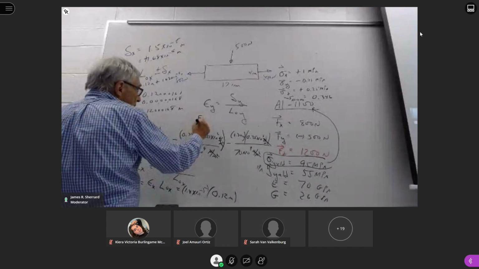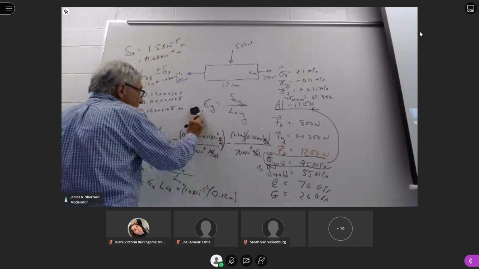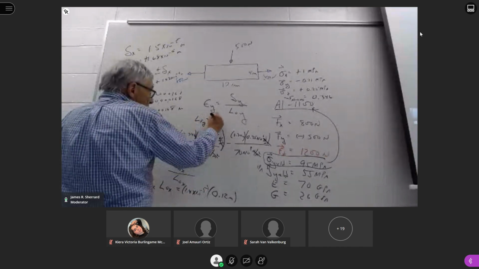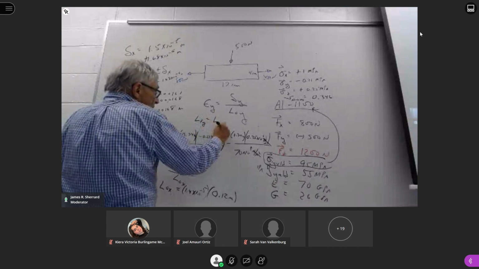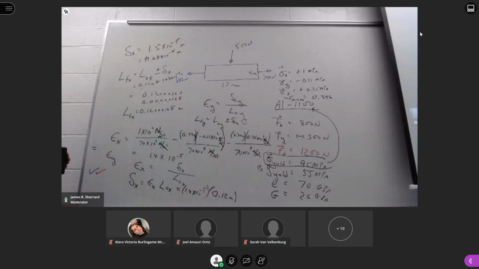The final length in the y direction is going to be the original length in the y direction plus or minus the deformation in the y direction. So in the end, we will come up with final dimensions in each of the three.